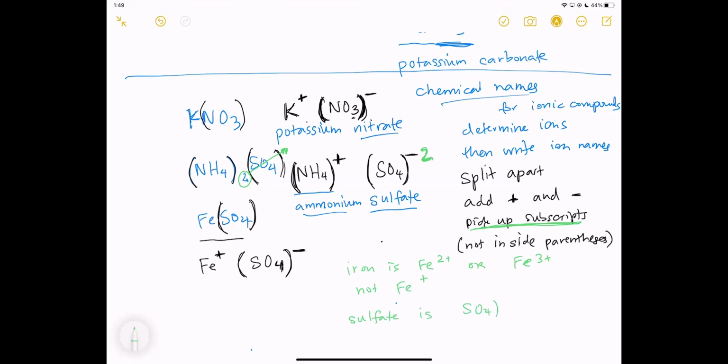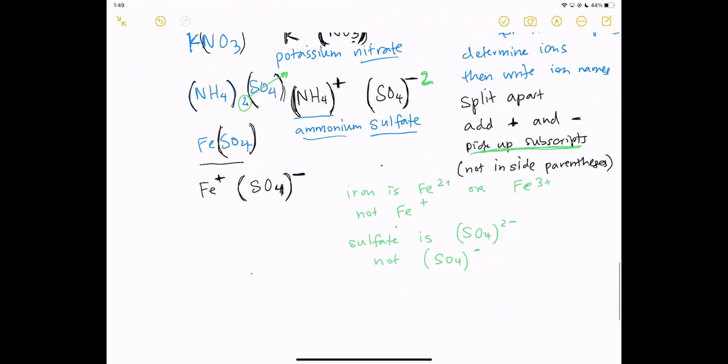Sulfate is SO4 2 minus. It is not just SO4 minus. So there's a problem here, that none of these ions are correct. So these are not correct ions, but you can multiply both ion charges by 2.